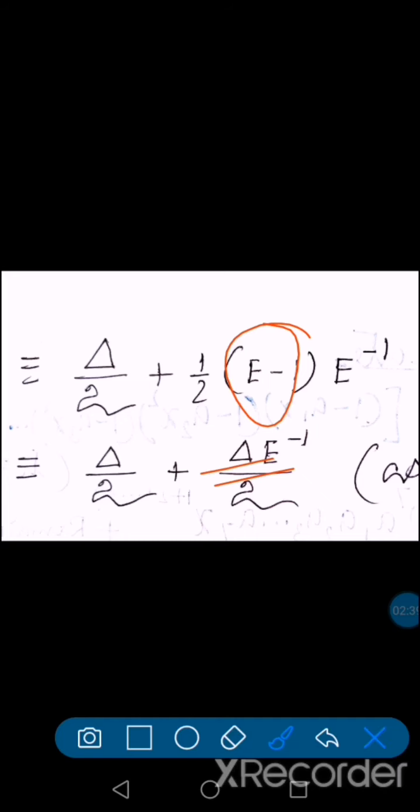So mu delta equal to delta by 2 plus delta E inverse by 2, because E minus 1 equal to delta again.